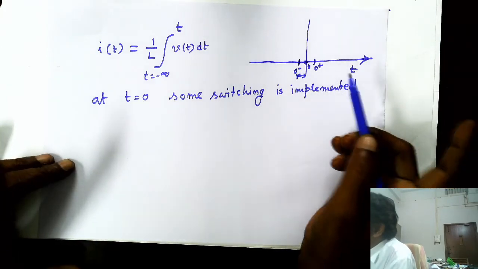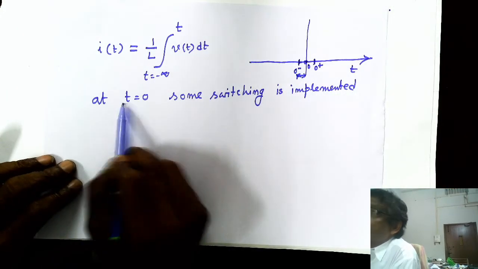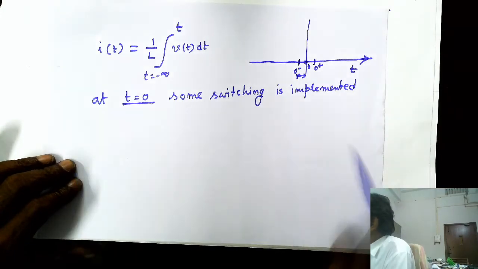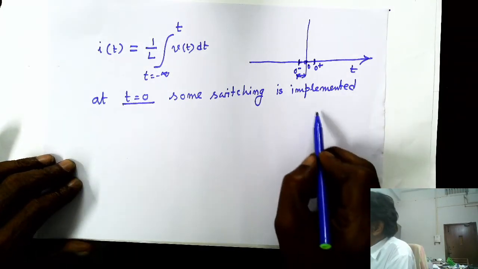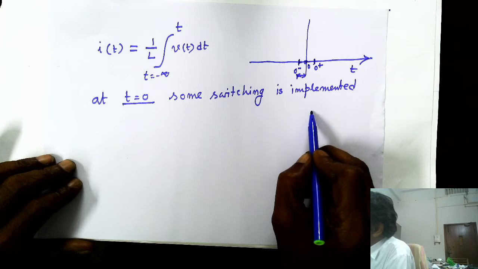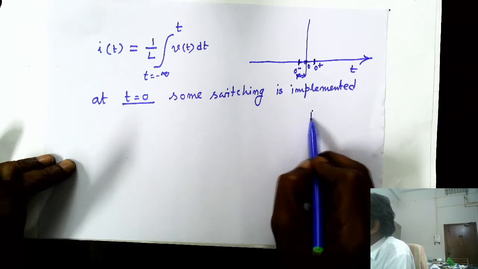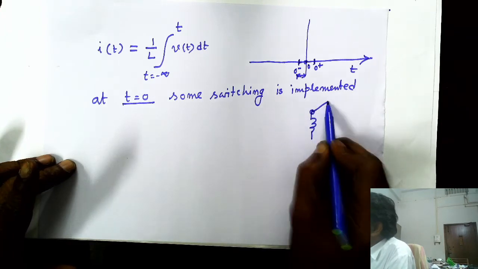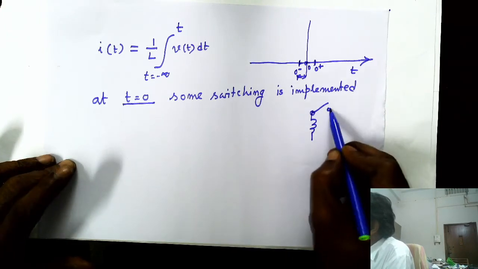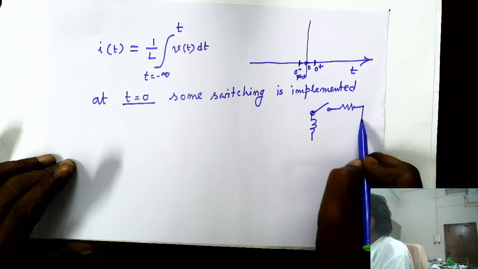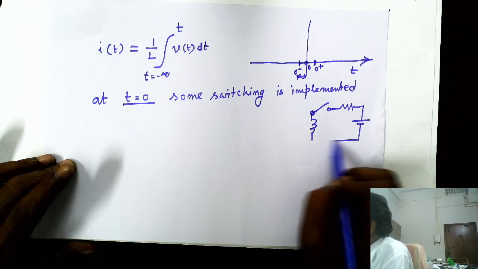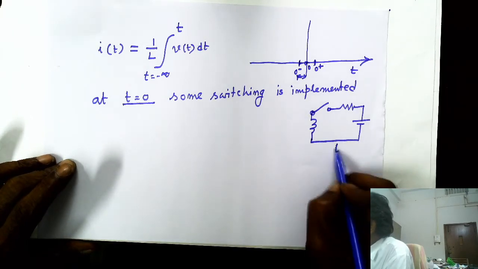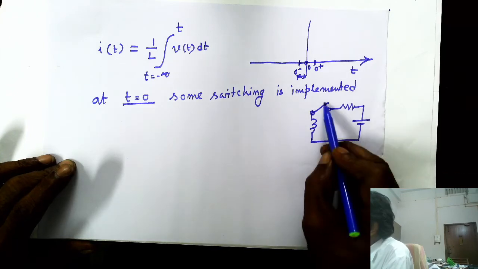Now what I am telling, at t equal to 0 I am doing some switching. Let me draw some circuit so that you understand me better. Suppose this inductor was in some circuit here. For t less than 0, the circuit was connected like this.